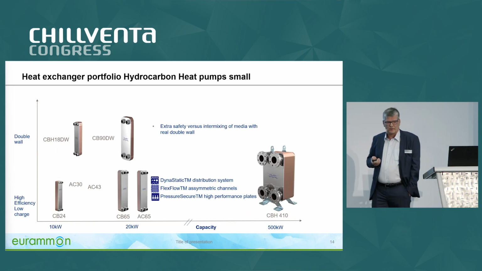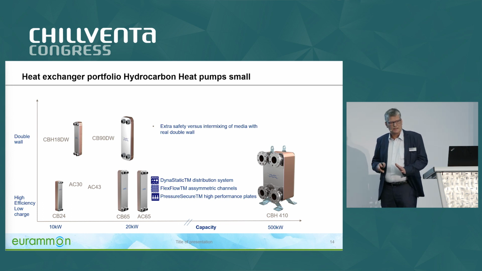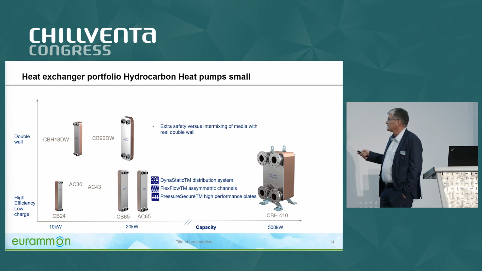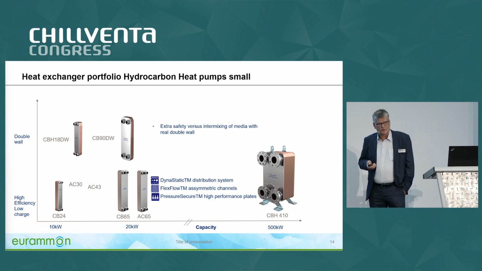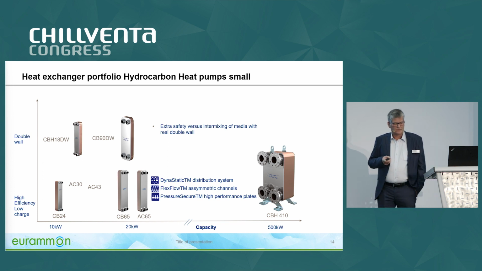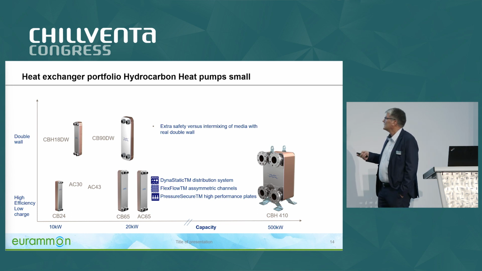Hydrocarbon is something that is growing, and on the small size, where we are talking about 150 gram limits, we have a range of products up to the AC65, around 20 kilowatt. Or we also have double wall solution for customers that are very cautious about having intermixing.